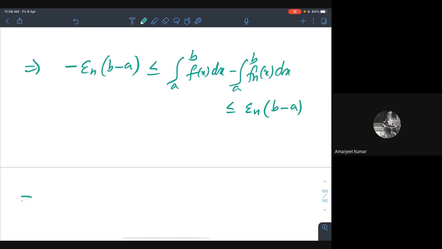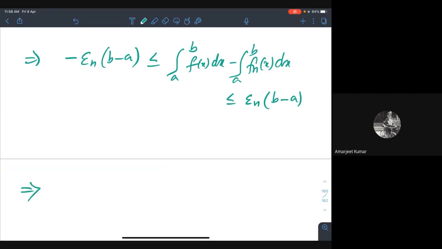So this means what? As n tends to infinity, this modulus will be less than any epsilon.